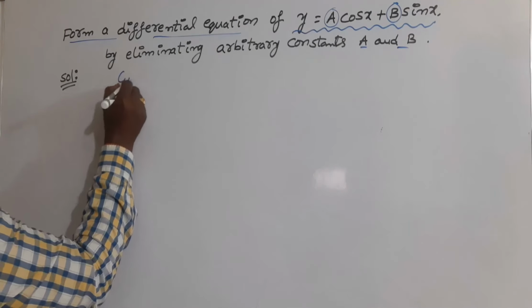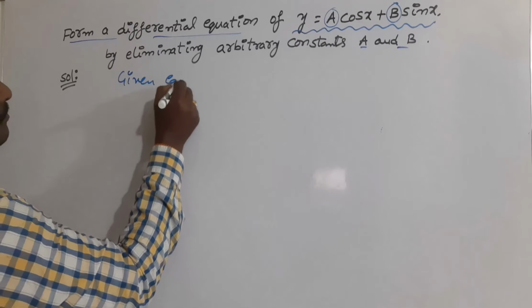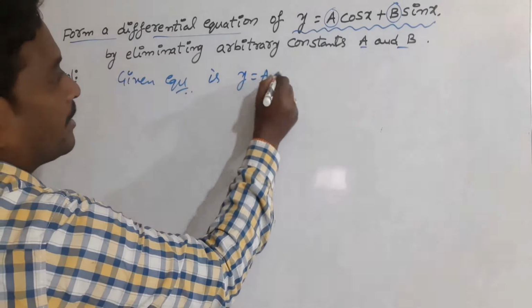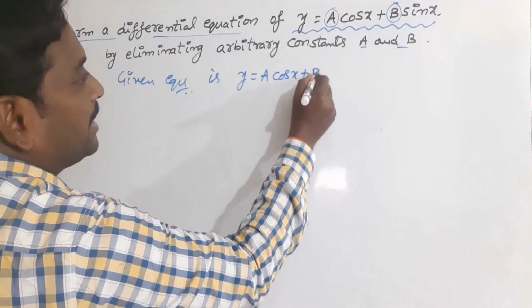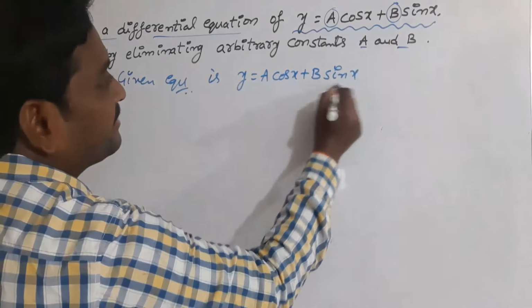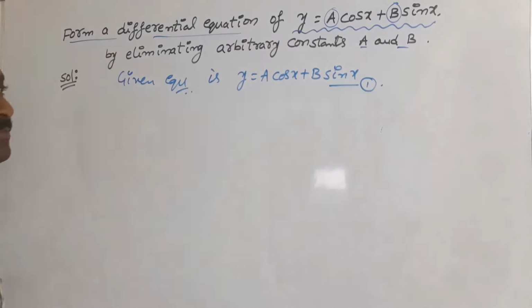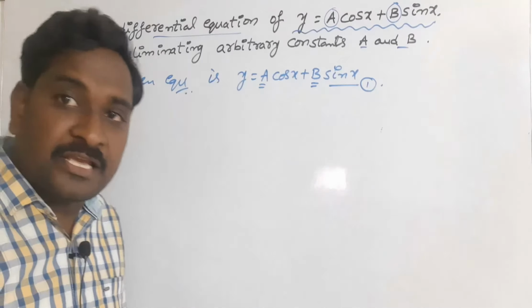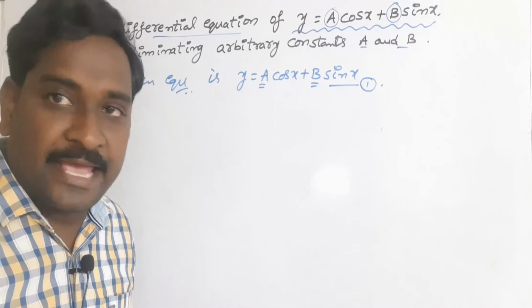First write the given equation. Given equation is y is equal to a cos x plus b sin x. Take it as equation number 1. We should eliminate two arbitrary constants. That's why we should differentiate the given equation twice with respect to x.